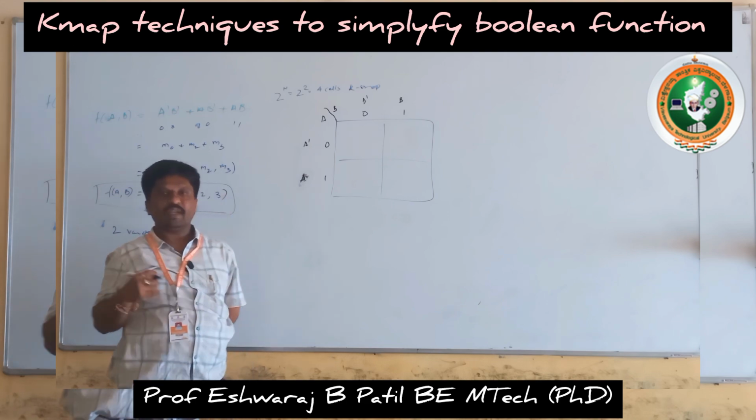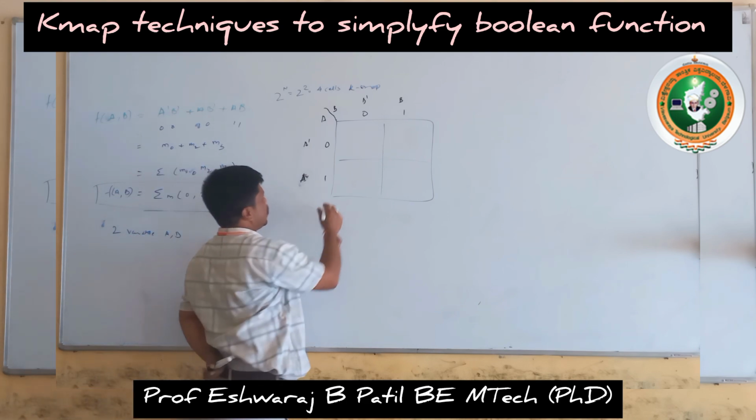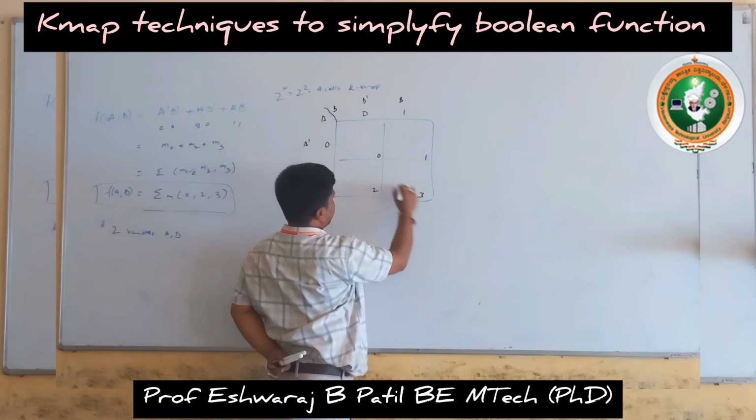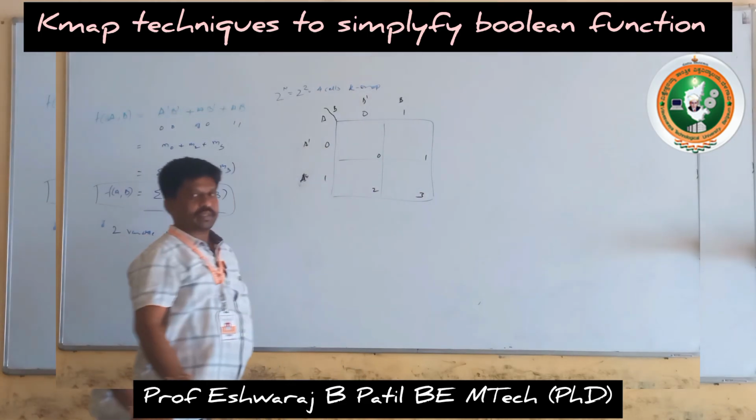Now identify the indexing of the cells: the 0 0 combination is 0, then 1, 2, 3, like this. You know this one, yes or no?